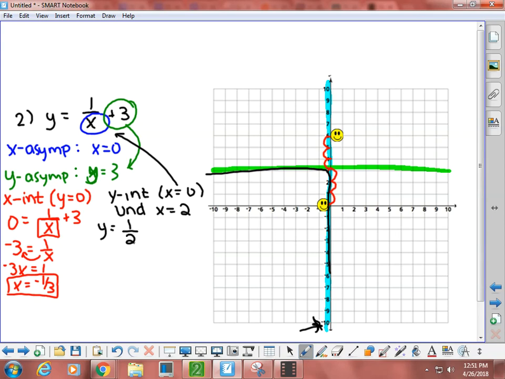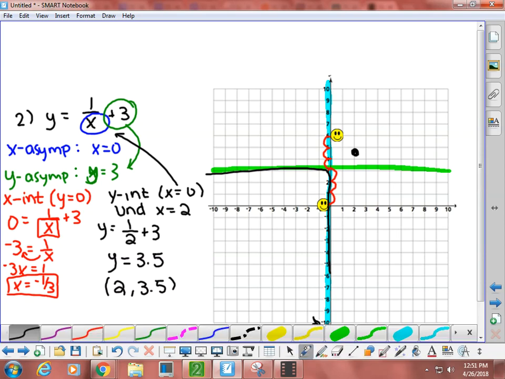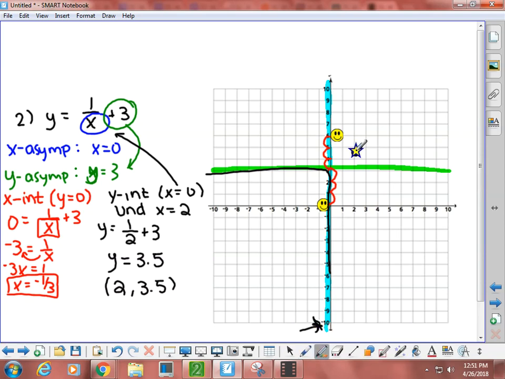So that's going to give me 1/2 plus 3. Well, that's an easy problem to solve. That's 3.5. So my ordered pair is over 2 and up 3.5. So I go over 2 and up 3.5, which is right here. And I'll make that my star so that I can reflect it. Okay, so then I say, all right, how far am I?